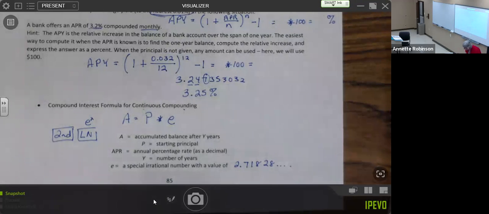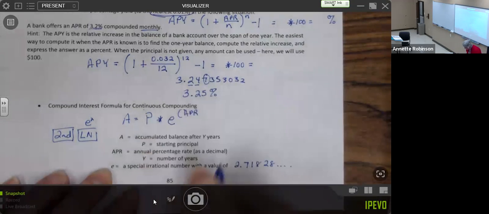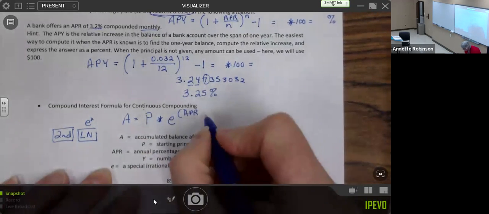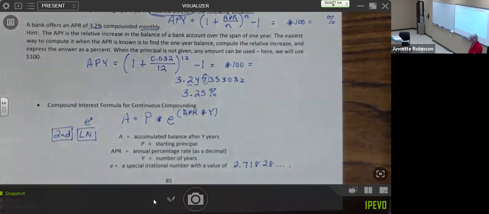The exponent is your APR. Remember, that's an interest rate, changed to decimal, times Y years. I would put it in parentheses. If my calculator doesn't put parentheses on there, I just put parentheses in there and let it multiply for myself.